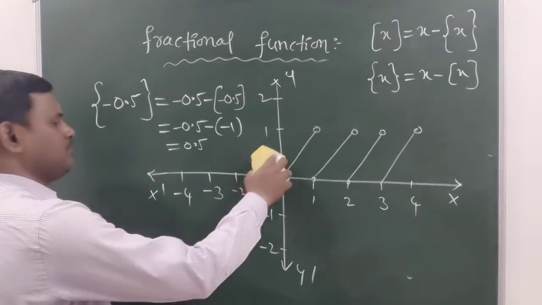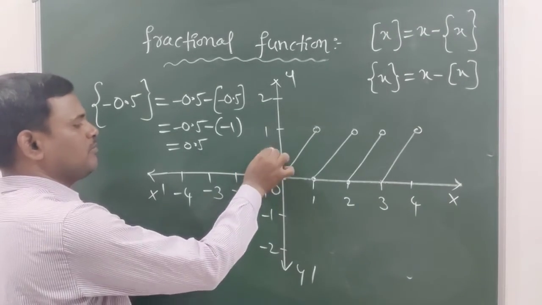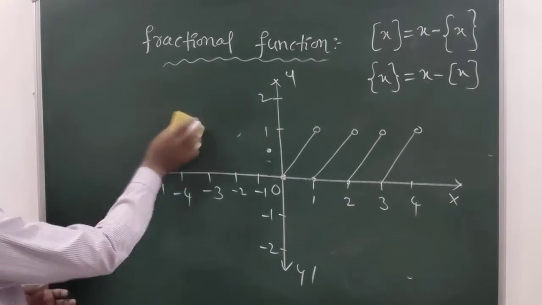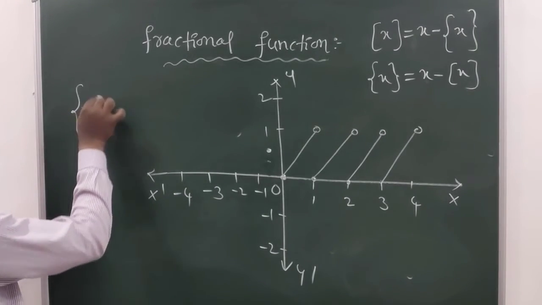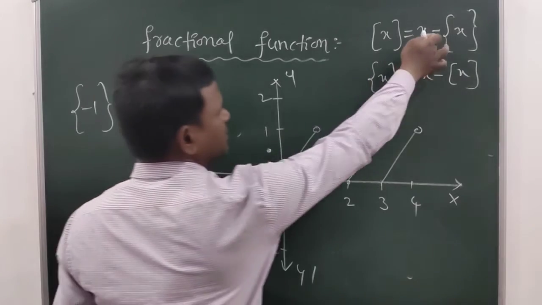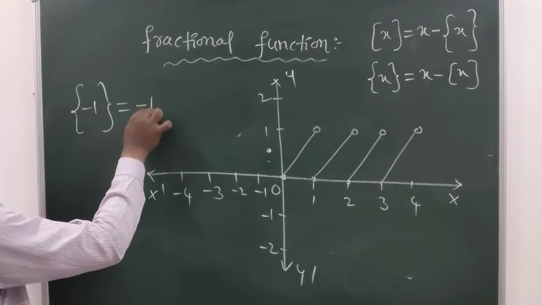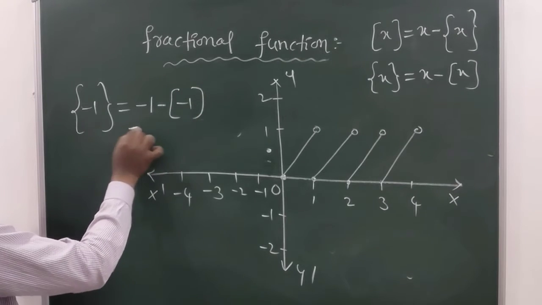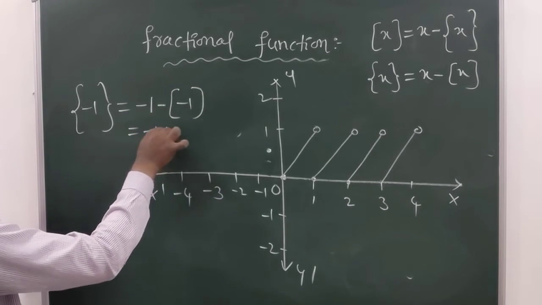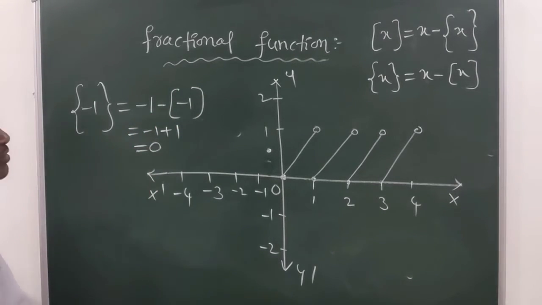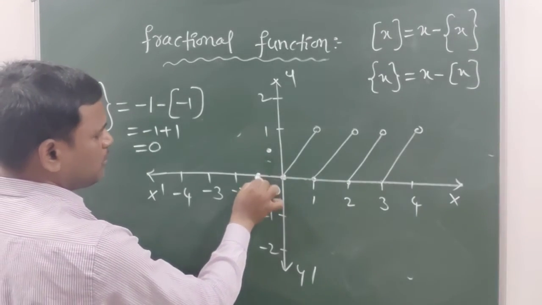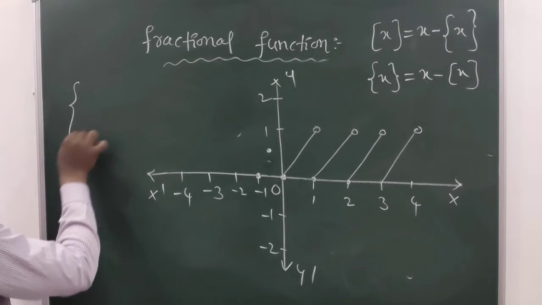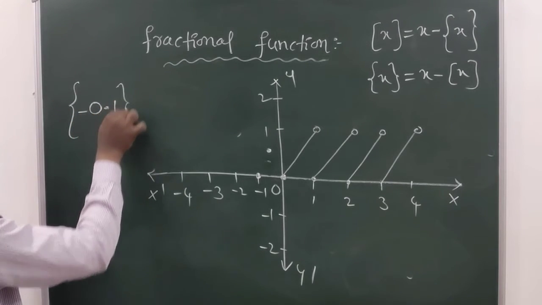So somewhere here, 0.5. So if it is exactly minus 1, what is the fractional part of minus 1? So use this definition. Minus 1 minus greatest integer of minus 1. Greatest integer of minus 1 is minus 1 only. Minus of minus, positive, 0. So here you will get, this point is included. Suppose you want the fractional part of minus 0.1, then what do you do?